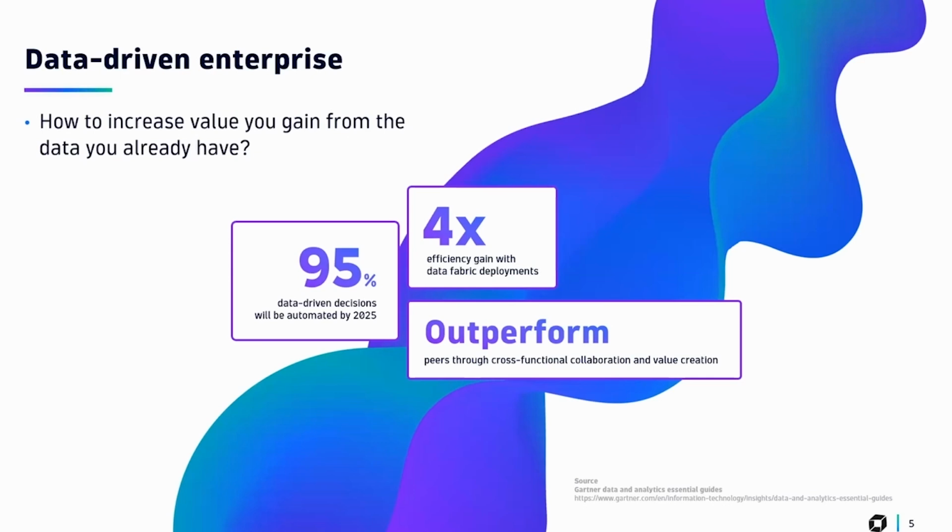Everything that a modern company collects on a day-to-day basis is transported through a data fabric and is then used by high-level management in order to derive intelligent and smart decisions. And Gartner sees that as one of the crucial success factors going forward for modern companies.